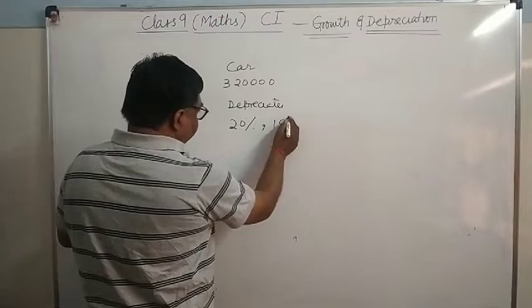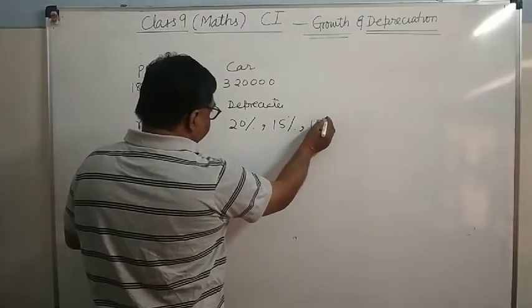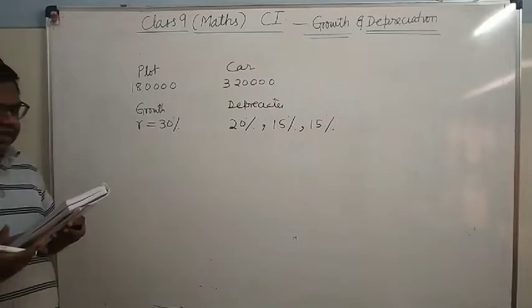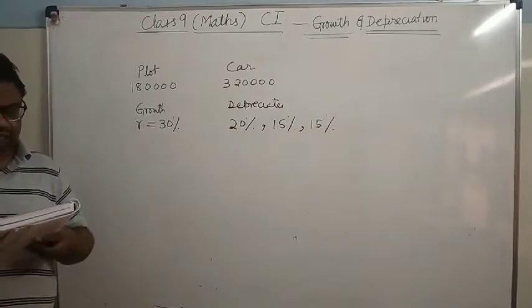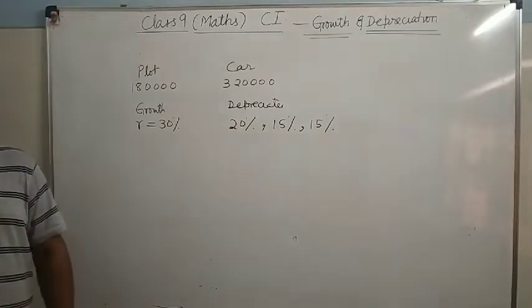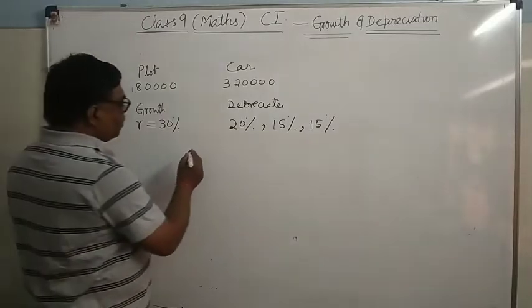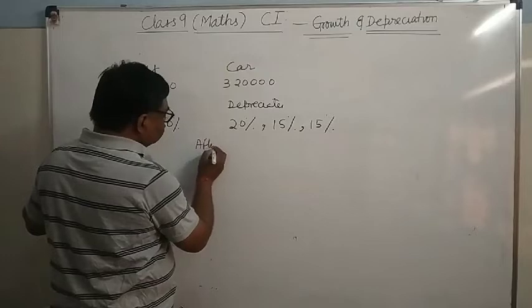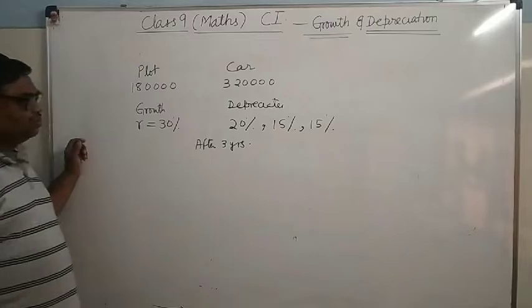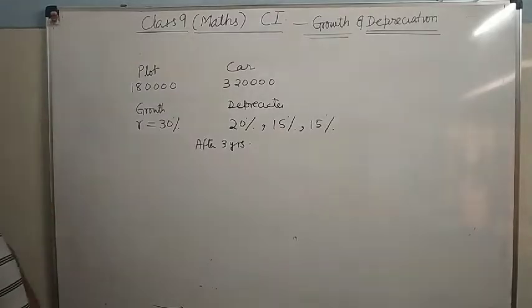After that 15%, then 15%. If he sells the plot of land as well as the car after 3 years, what will be his profit or loss? After 3 years he sells both.